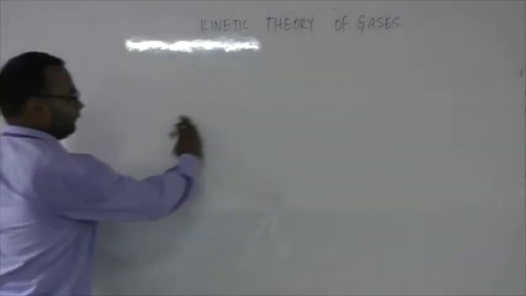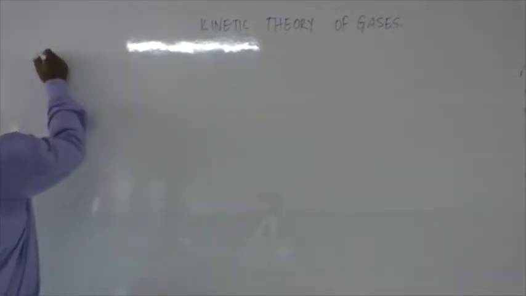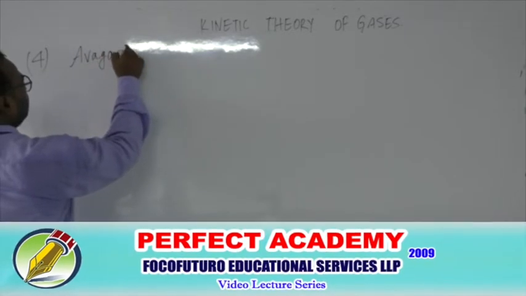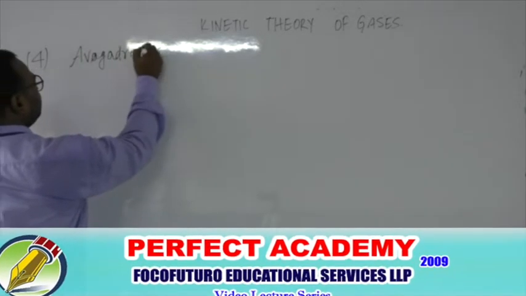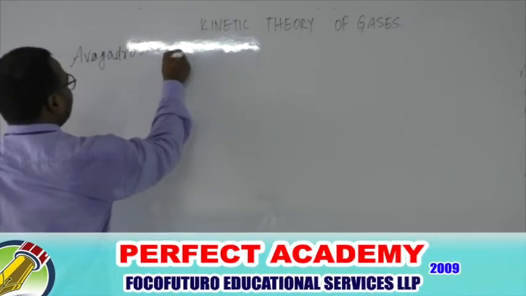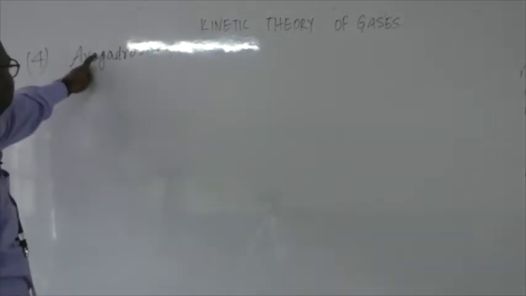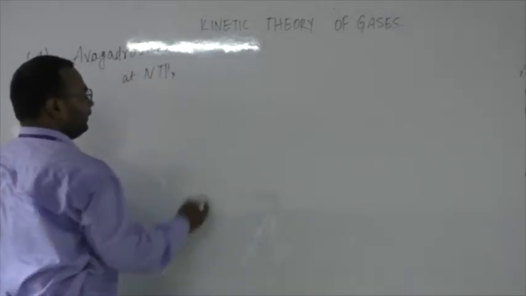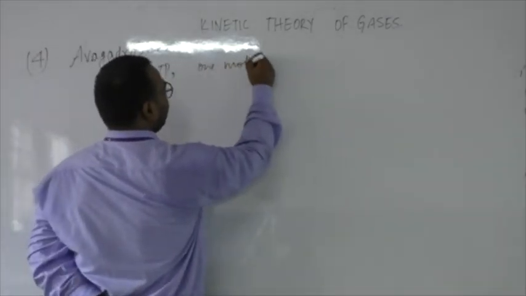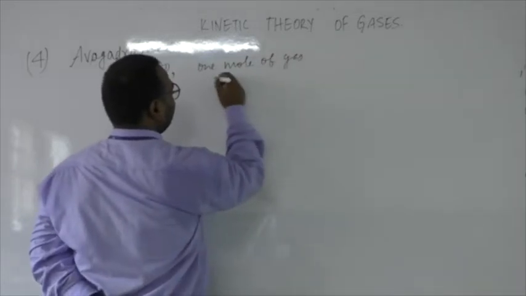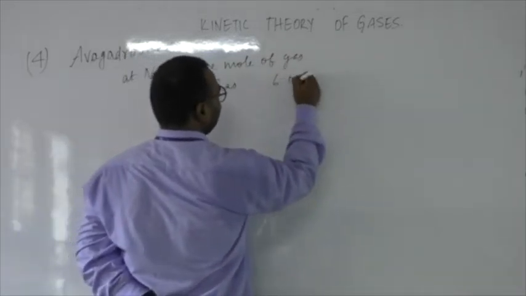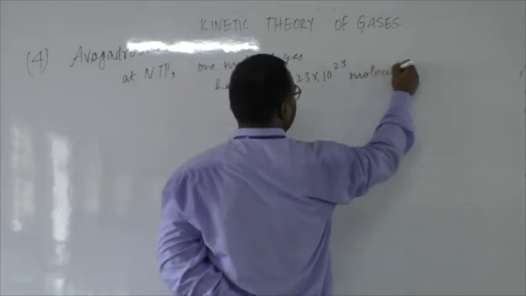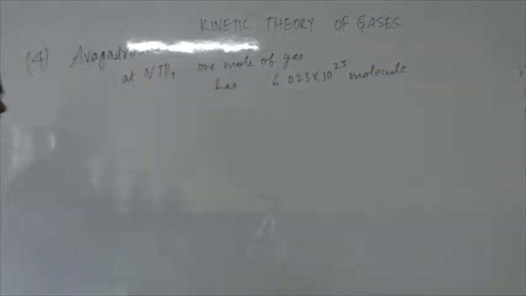Fourth law is Avogadro's law, which says that at NTP, 1 mole of gas has 6 into 10 to 23 molecules of gas.